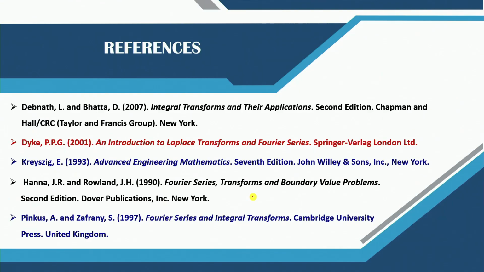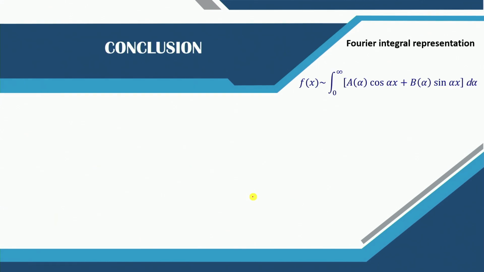Well, so here we have these references which were used for preparing this lecture, and now just to conclude, this Fourier integral representation was given with a(alpha) and b(alpha) terms with cos(alpha x) and sin(alpha x), which in general has the cos terms as well as the sin terms.